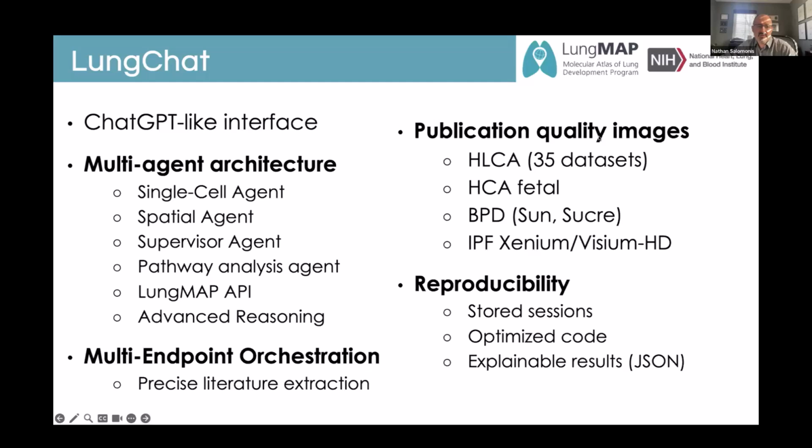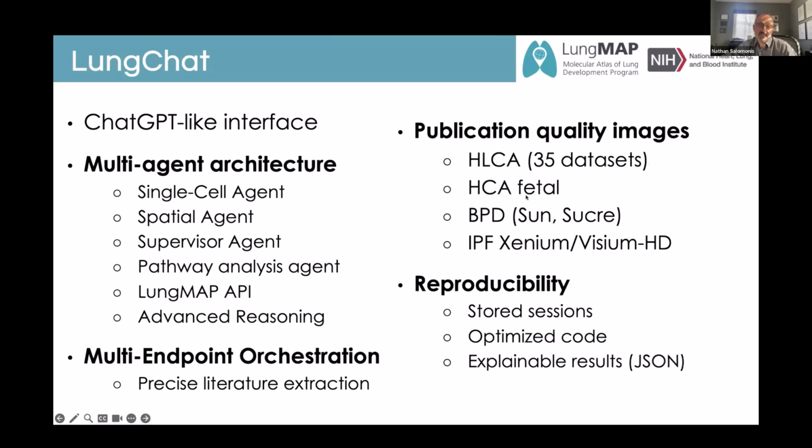The central output of this interface are high-quality publication images that you can directly embed in publications and cite with the code, if you like, the JSON code, or even the raw source code for how these plots were generated. There's a variety of different single-cell atlases here. So we support data right now from the human HLCA, the Human Lung Cell Atlas, which has an aggregated set of standardized, analyzed 35 data sets from dozens of different research labs, spanning over 2 million cells.